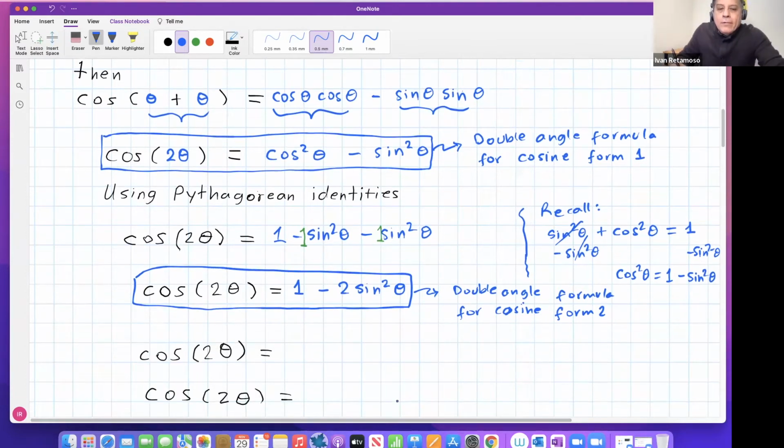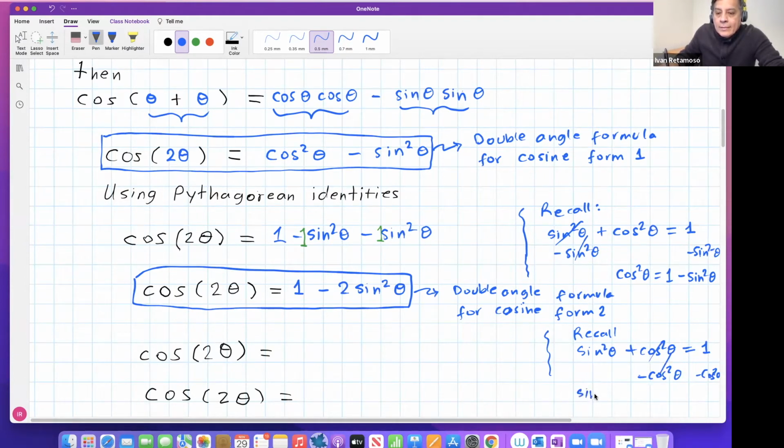Turns out there is a third form. And then I will tell you what these 2 extra forms are good for. There is a third form. Suppose now, instead of replacing cosine square, you replace sine square with what you get when you manipulate the Pythagorean identity. Look, from the Pythagorean identity, sine squared plus cosine squared equals 1, if I now subtract cosine squared on both sides, what will happen here?